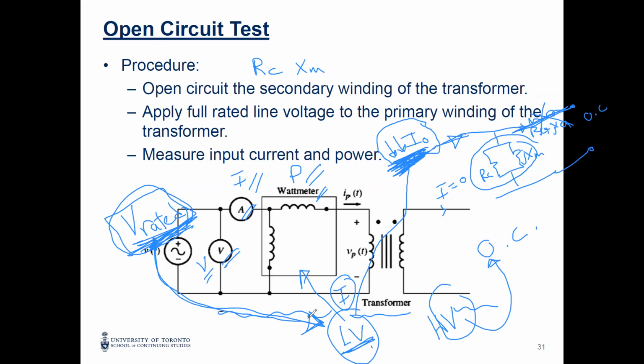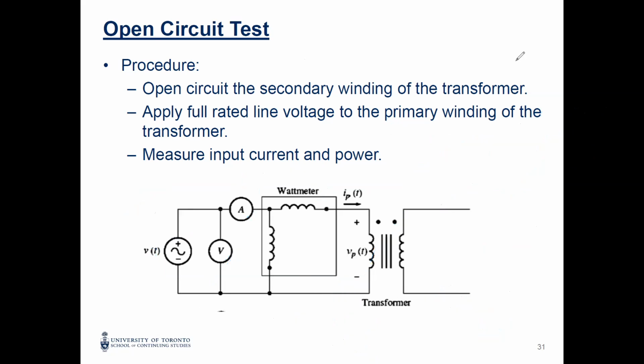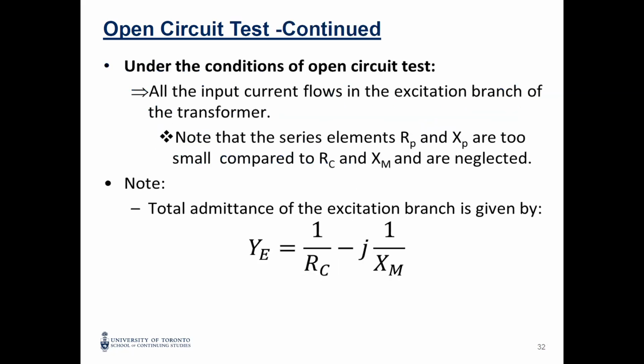Then we do a kind of equations that you need to memorize or maybe include in the aid sheet. You will get the Y now, the admittance, right? So it's a circuit, but you don't have to solve it every time.